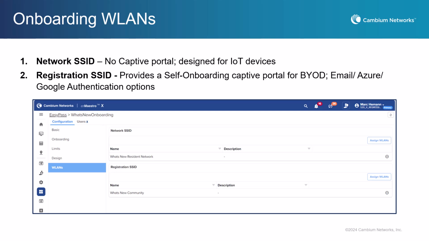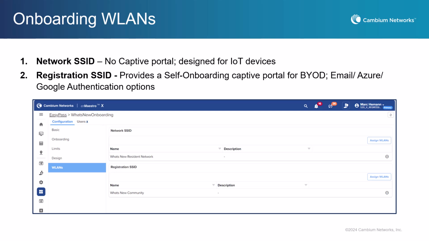This allows an end user to create their own unique EPSK, or the administrator can create or import a batch of EPSKs which can be passed out to users for individualized, secure authentication onto your network.